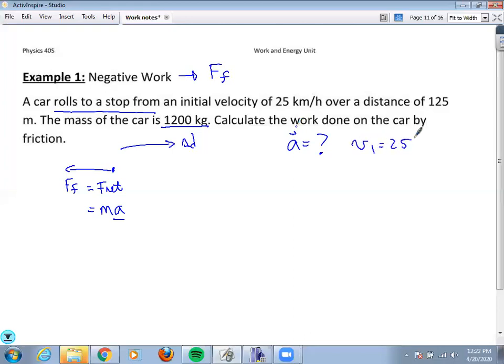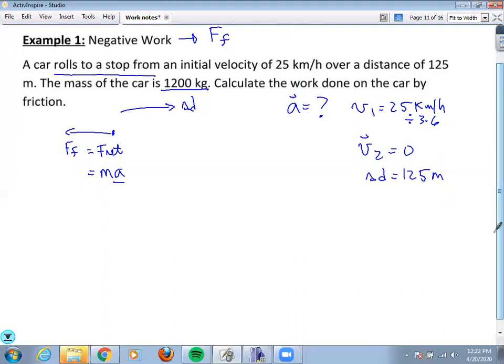V1 is 25 kilometers per hour, which we'll have to convert to meters per second by dividing by 3.6. V2, if it rolls to a stop, is 0. And we know delta D is 125 meters. So this leads us to kinematic equation number 5. 2A delta D equals V2 squared minus V1 squared. So V2 squared is 0. So acceleration will be negative V1 squared divided by 2 delta D.